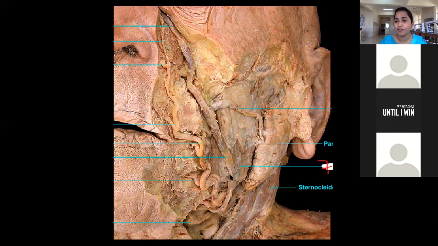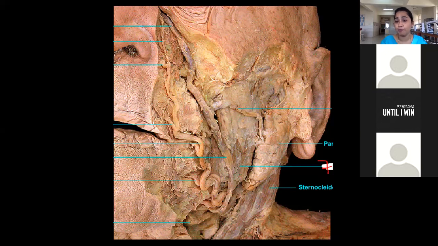Now I am not discussing the veins of the face right now, because we have done them along with the veins of the scalp. Veins of the scalp and veins of the face together we had completed. So you have to draw and write a short note question on blood supply. Blood supply includes arterial supply and venous drainage, both.